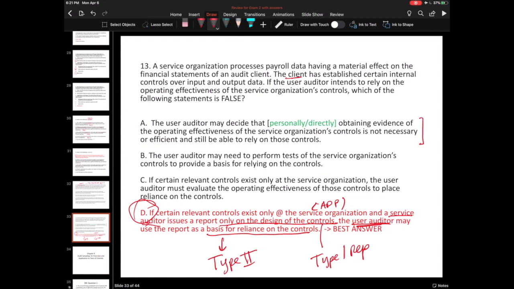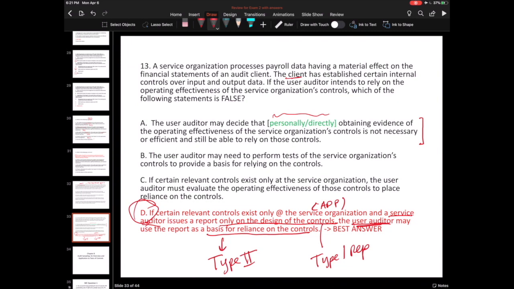So I want to talk about A for a second, and I've added this verbiage in green, so the green words were not there. What A said was the user auditor may decide that obtaining evidence of operating effectiveness of the service organization's controls is not necessary or efficient and still be able to rely on those controls.